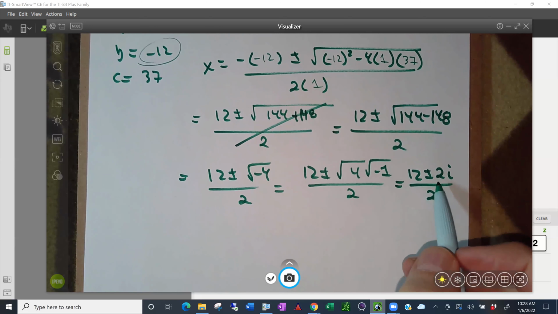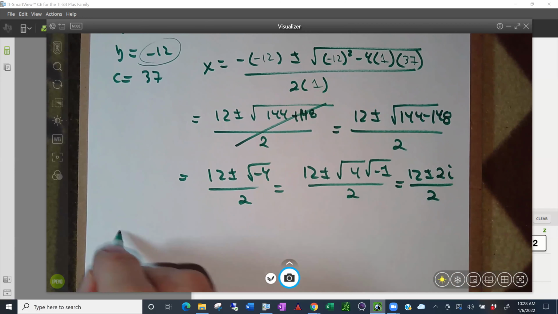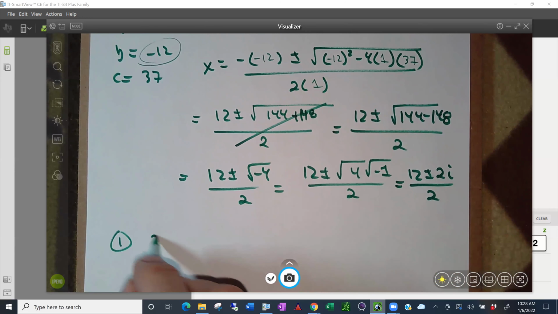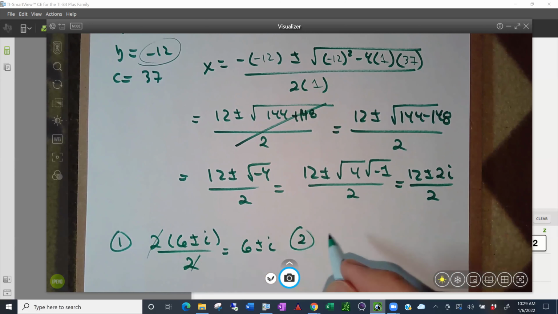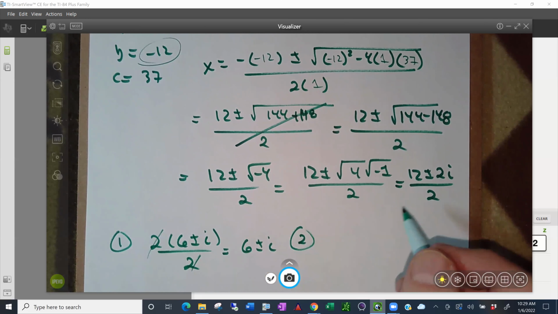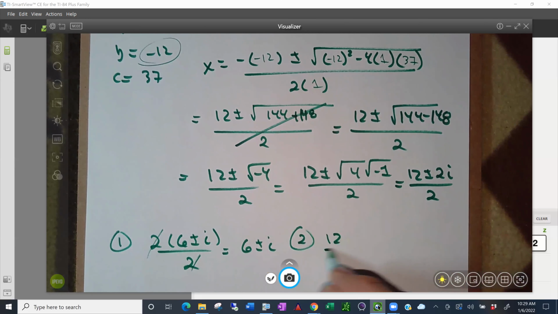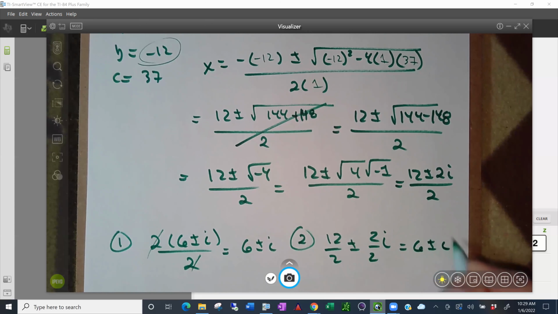One way is to factor out 2 from the numerator, so that's 2 times 6 plus or minus i, over 2, and then cancel and get 6 plus or minus i. The second way is to take 12 over 2 plus or minus 2 over 2 times i and simplify it that way: 6 plus or minus i.